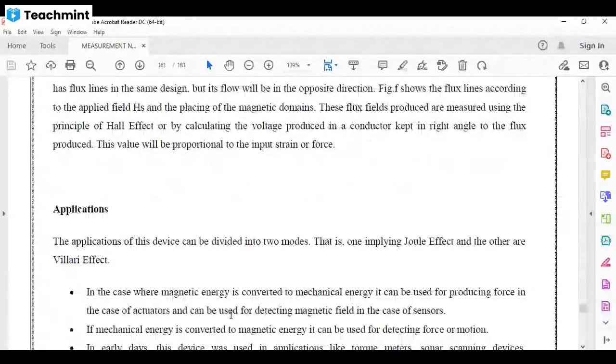And for the application of this type of transducer, there are two effects. One is the Joule effect, another is the Villari effect.